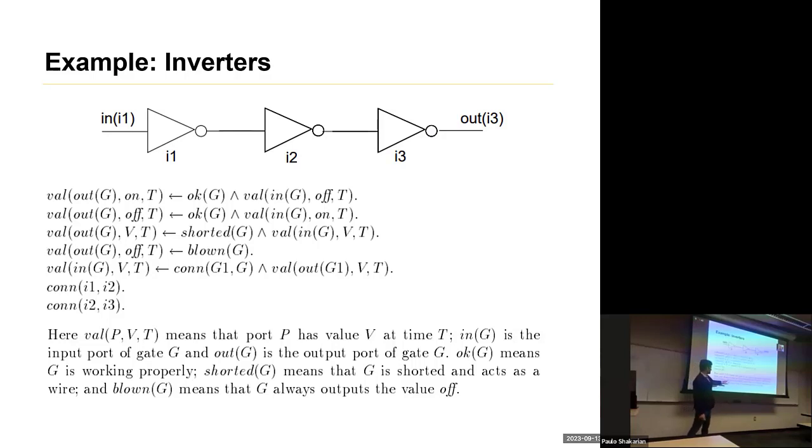OK means it's working, shorted means that it's shorting, and blown means that it's always going to have an output value of off. So, for example, if we have a positive signal going through an inverter and the inverter's blown, we don't know if that inverter is working or not because it always is returning off.